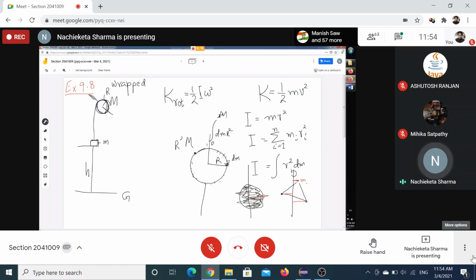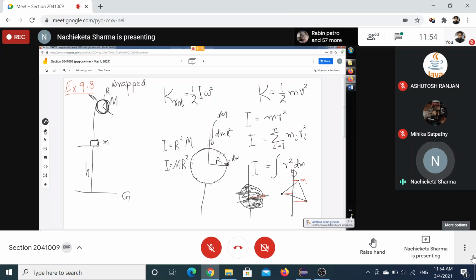So the moment of inertia of this ring about an axis passing through its center and perpendicular to its plane is r square m, or mr square. So I is equal to mr square. This is how it is found out. You will see when we do one or two calculations; at least I will do one calculation for you as far as the disk is concerned. So this is the moment of inertia of a ring.